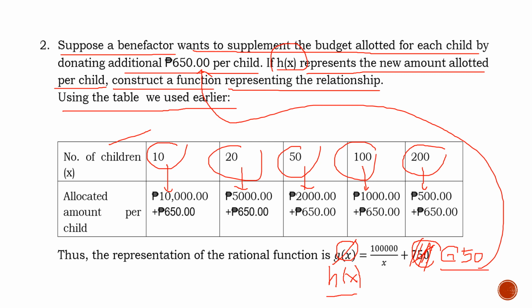Whatever the resulting value from 100,000 over x, we simply add this 650 as the additional donation for every child, and that will be the value of function h of x that represents the new amount allotted per child.